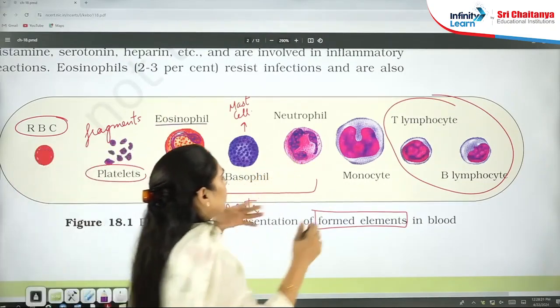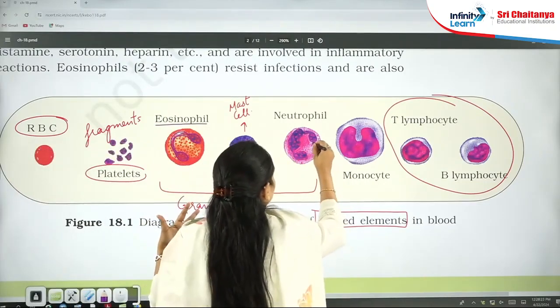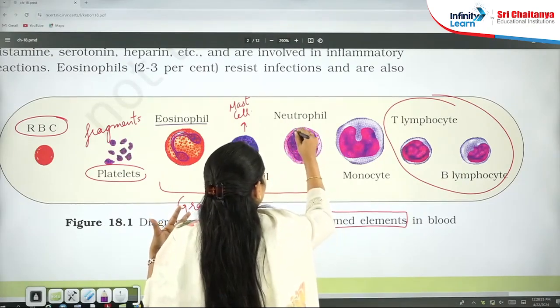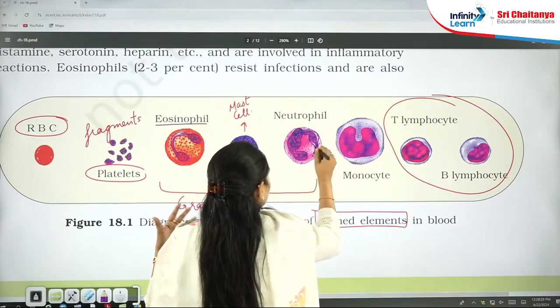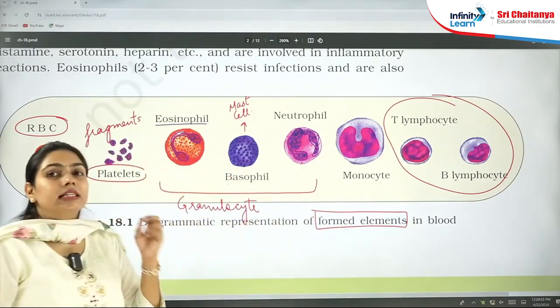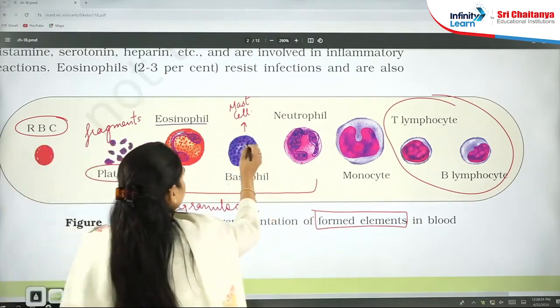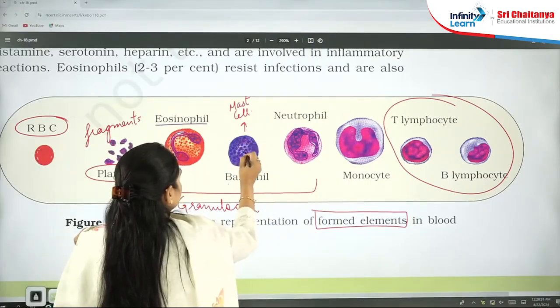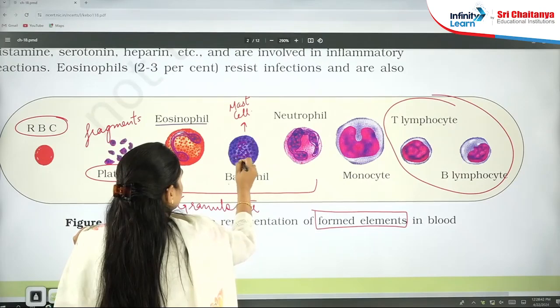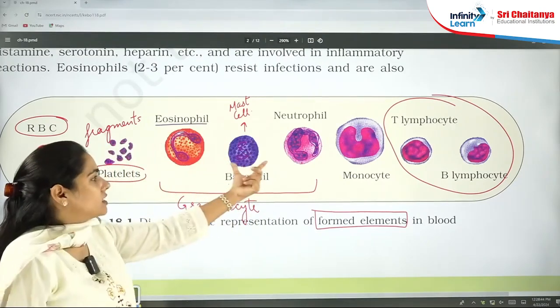Neutrophil has so many lobes, it is a multi-lobed nucleus. Whereas basophil has a tri-lobed nucleus or S-shaped nucleus. So, shape of nucleus is different.